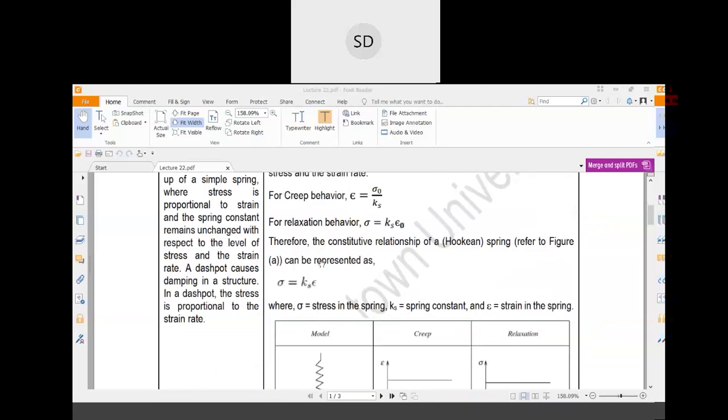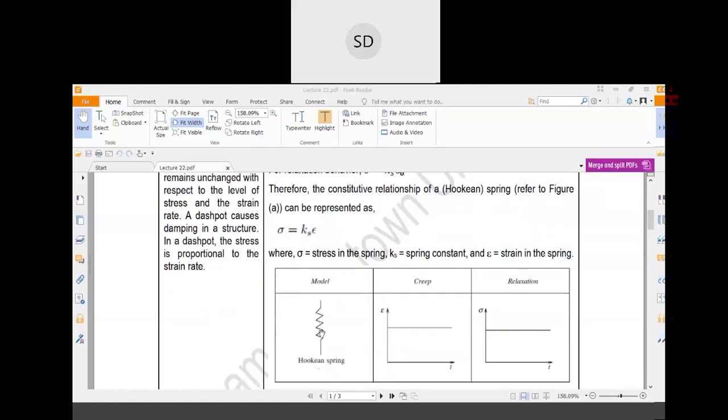That can be represented as sigma equal to Ks into epsilon, where sigma is the stress in the spring, Ks is the spring constant, and epsilon is the strain in the spring. We have already discussed the spring constant: Ks would be stress divided by strain. A spring that follows Hooke's model is a Hookean spring.